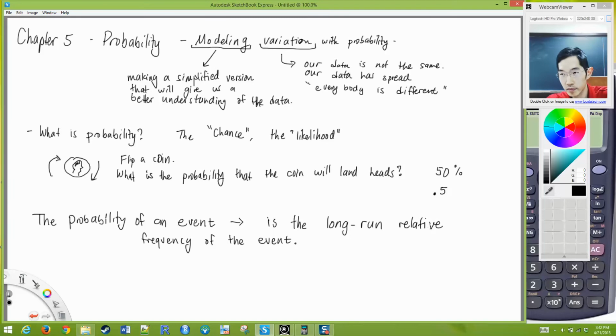Okay. What is a relative frequency? Do you guys remember? The probability of an event is the long-run relative frequency of the event. What is a relative frequency? When you put it in percent? Okay, so when we created a relative frequency table, we put things into percentages.